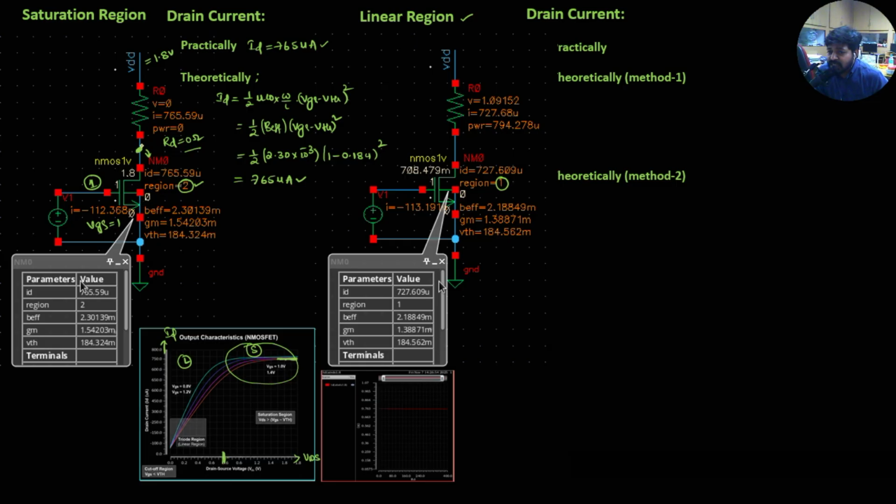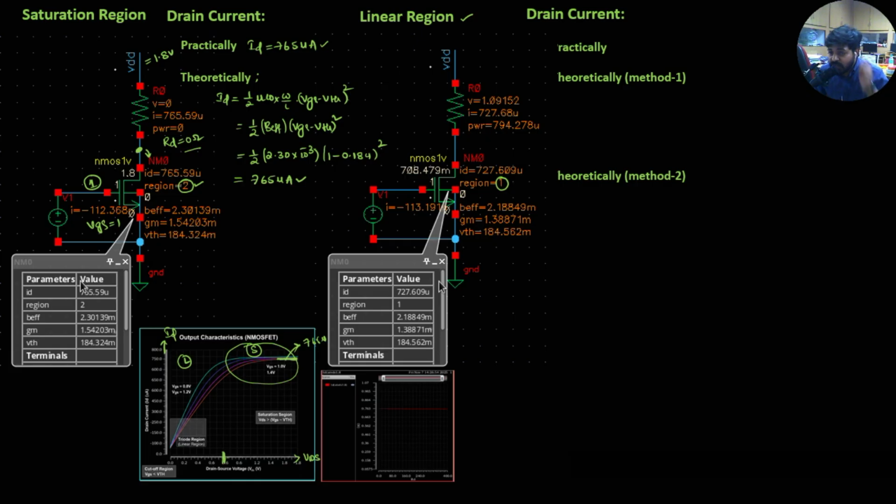As the transistor expects that current, whatever resistance you keep, it will conduct the same 765 microamperes. This is the very important operation, where from a current conduction point of view the transistor is the controlling element. As per the gate voltage control, the controlled current is conducted in the saturation region. This is proved as the practical value of the current matches the theoretical value at one operating point, and at multiple values of VDS also, right?